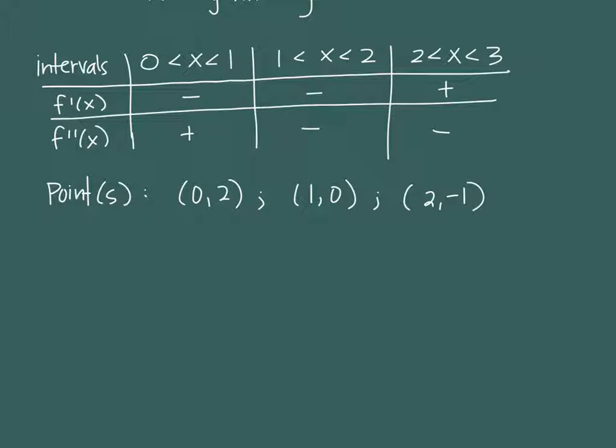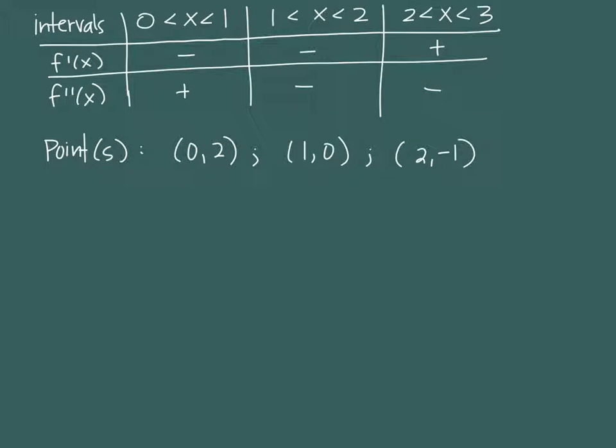Okay, so let's start with the fact that it has even symmetry. Even symmetry means everything on the right side of the y-axis would be exactly reflected on the other side of the y-axis. And so if we have some points that are given, we can assume that by symmetry there are some points on the other side that would also be true.